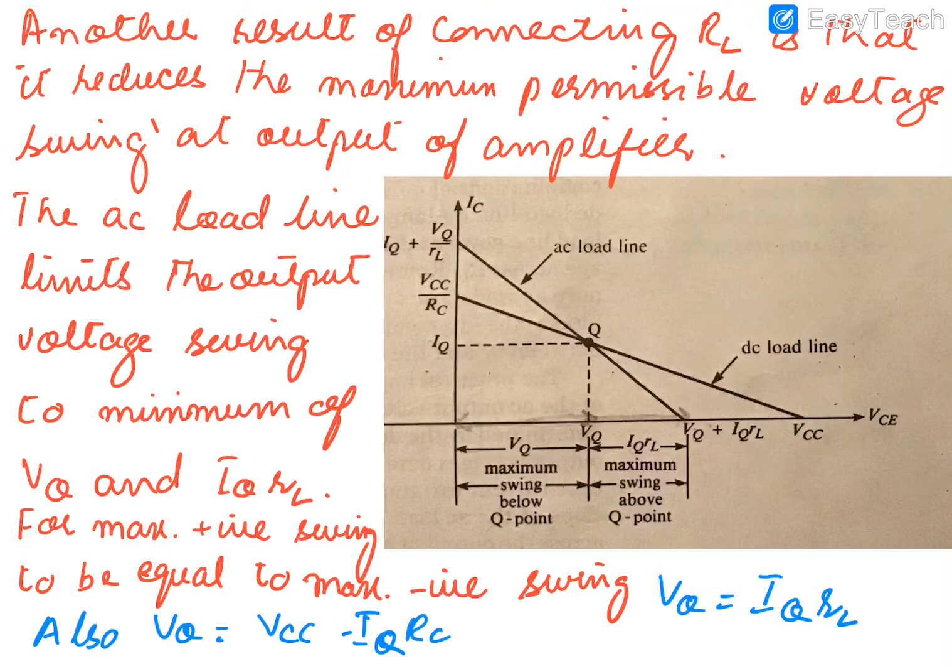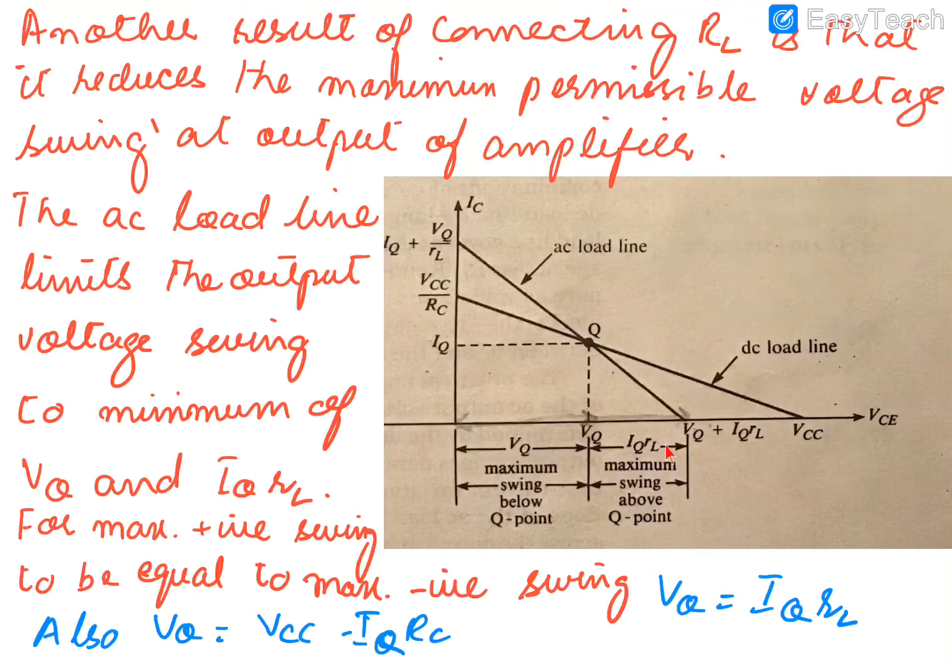So how it limits the value of the maximum permissible voltage swing at the output of the amplifier is that we have the Q point on which AC is superimposed, and we have two levels: maximum swing above the Q point and maximum swing below the Q point. But the maximum swing above the bias value and below the bias level should be equal for a linear amplifier.